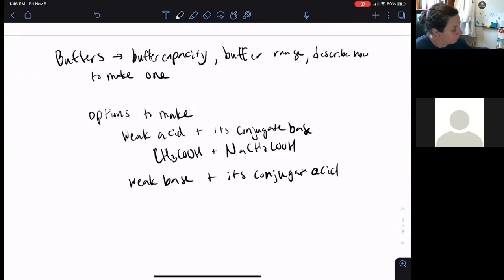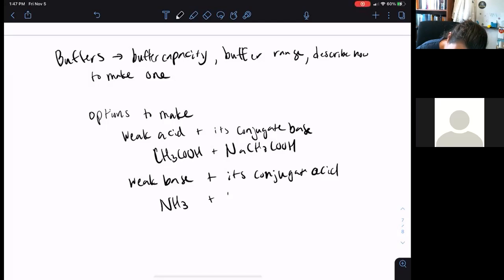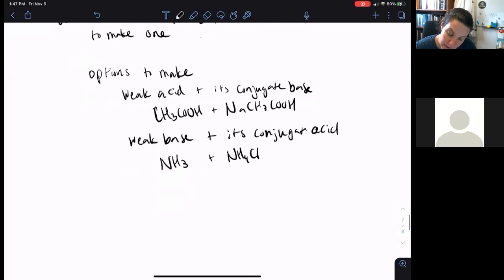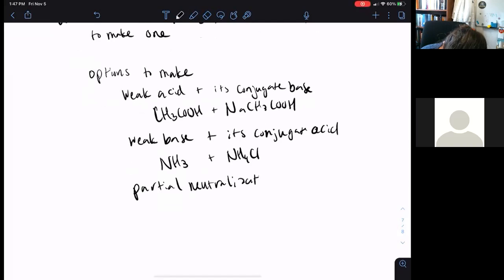I guess something like NH3 and NH4Cl. Or partial neutralization of a weak acid by strong base.